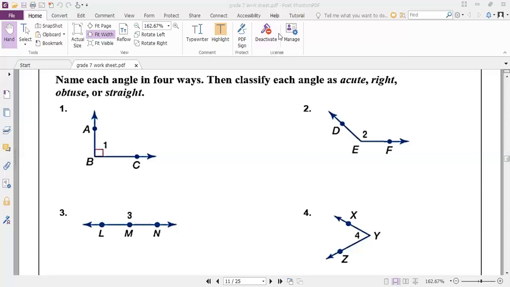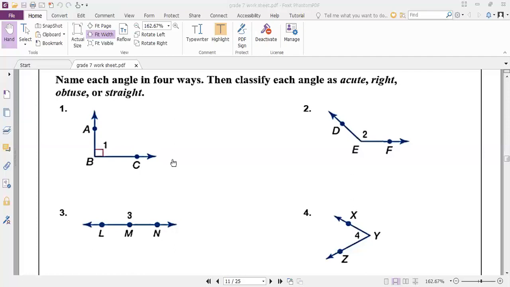I can read the angle as ABC or CBA, because its vertex is B. So the measure of this angle is 90 degrees, and this angle is right.